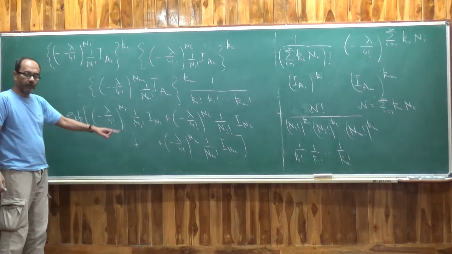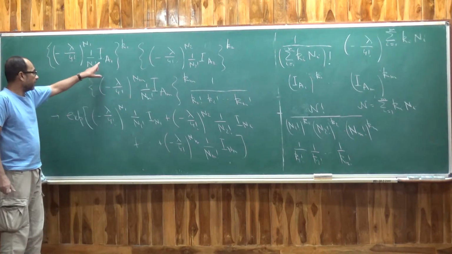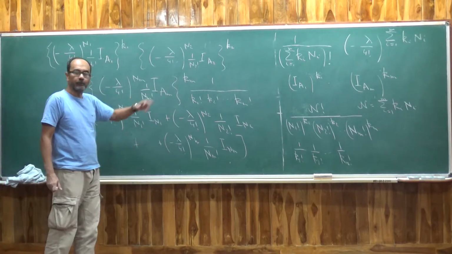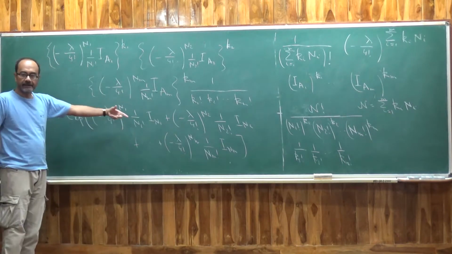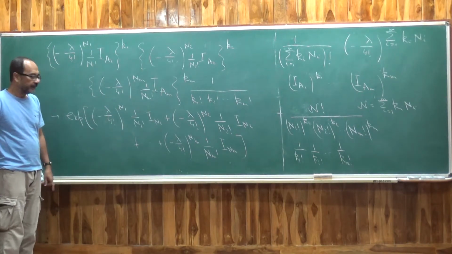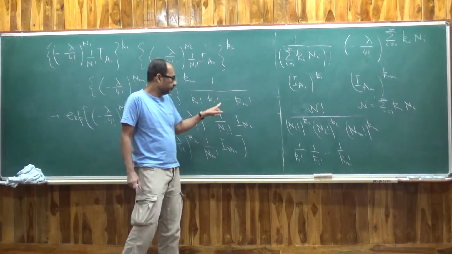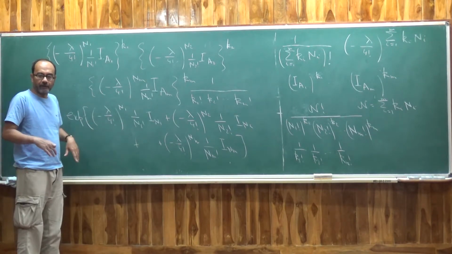If you expand this exponential, the coefficient of I a1 to the power k1, I a2 to the power k2, up to I am to the power km will be exactly what we have here. These 1 over ki factorials come because when you expand these to the k1th power, you pick up a 1 over k1 factorial.